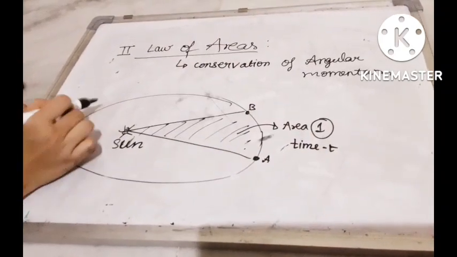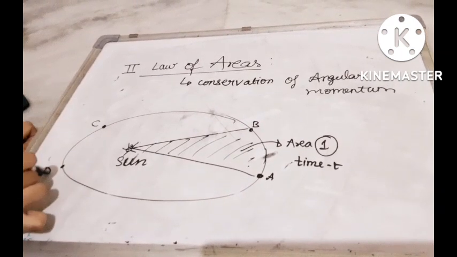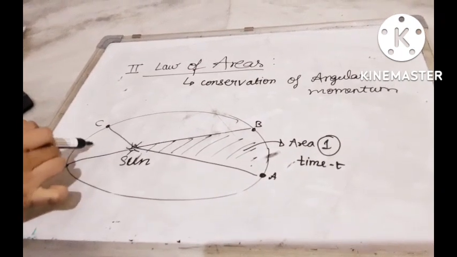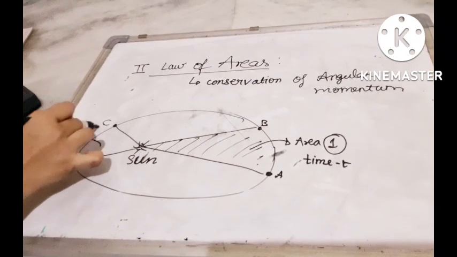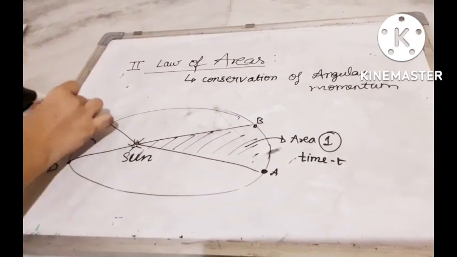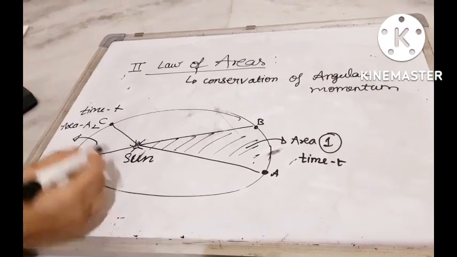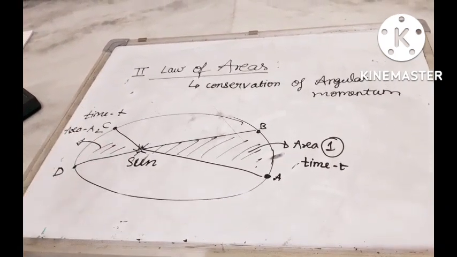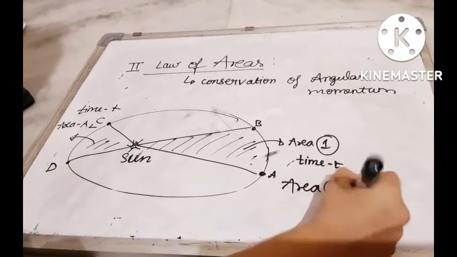Now similarly, if the planet goes from point C to point D, and again sweeps an area called A2, but I am keeping the time the same, time t only, then what will you observe? That area 1 is equal to area 2.